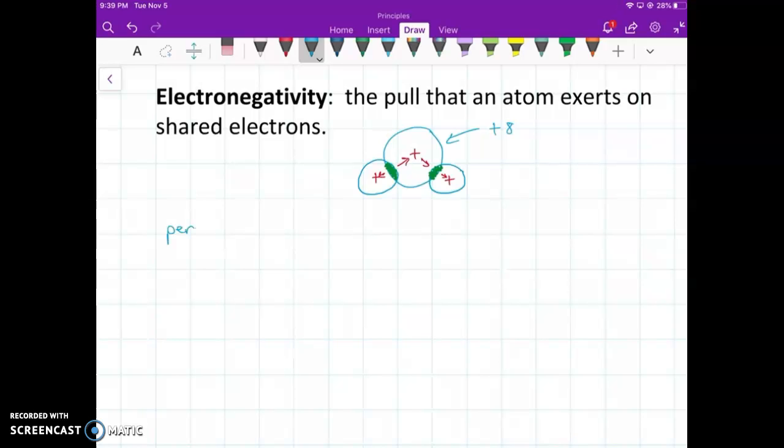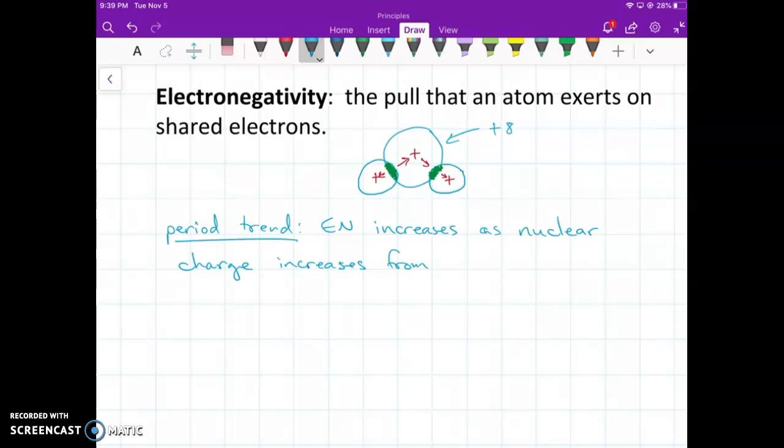So the period trend for electronegativity, EN, electronegativity, increases as nuclear charge increases from left to right.